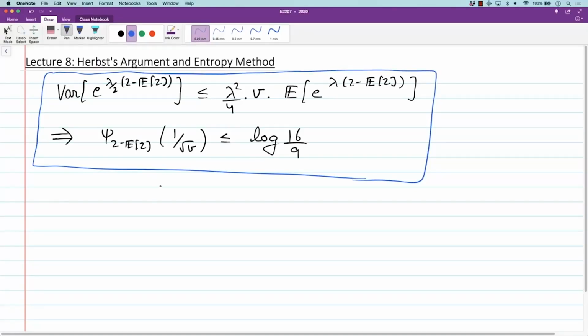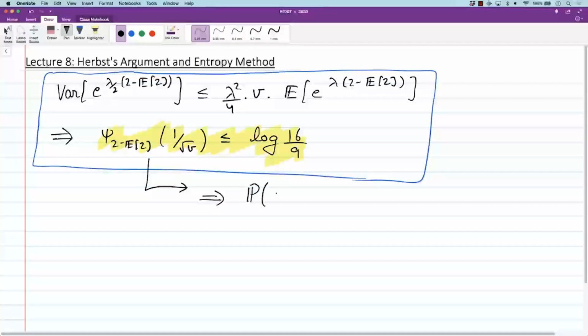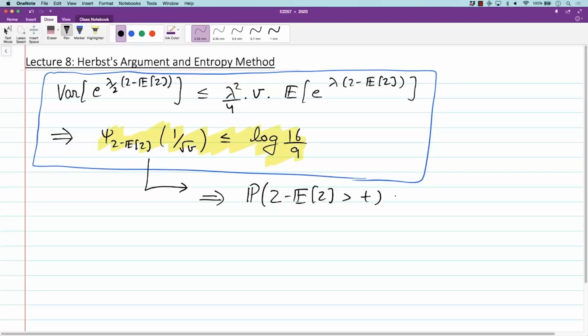So this bound here implies that the probability of the random variable Z minus EZ greater than t is, 16 by 9, I just upper bounded by 2 e to the power minus t by root v.